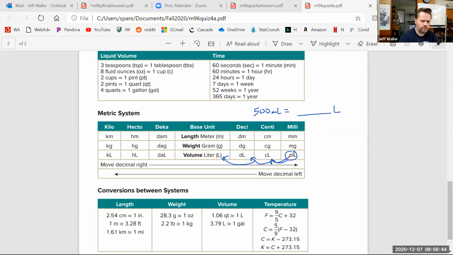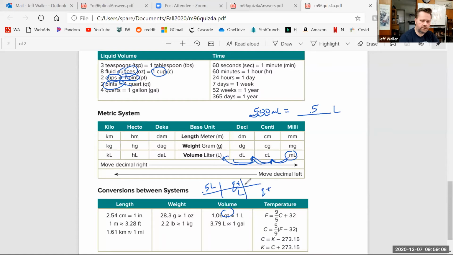Yeah, move it 1, 2, 3, 1, 2, 3. So that'd be 0.5 liters. And then I can go from liters to quarts, and then from quarts to pints, and then from pints to cups, and then from cups to ounces, right?